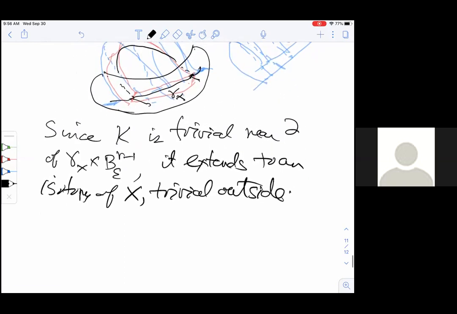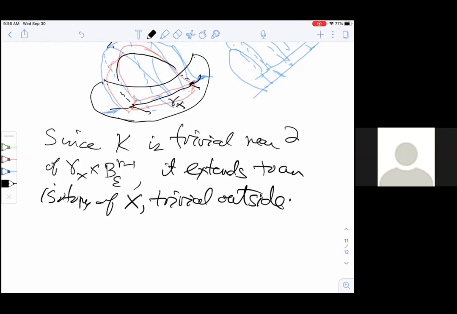Then you can deform x by an isotopy to remove those 2 points of intersection, creating no new points of intersection, by an isotopy concentrated in a small neighborhood on x of the arc connecting the 2 points.